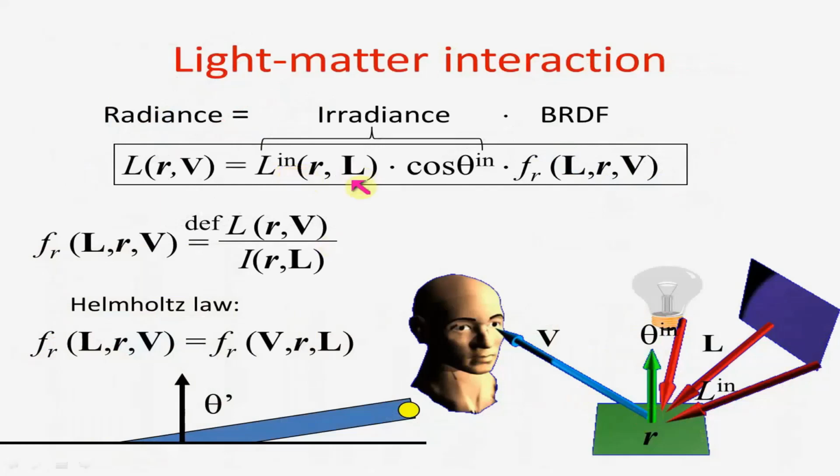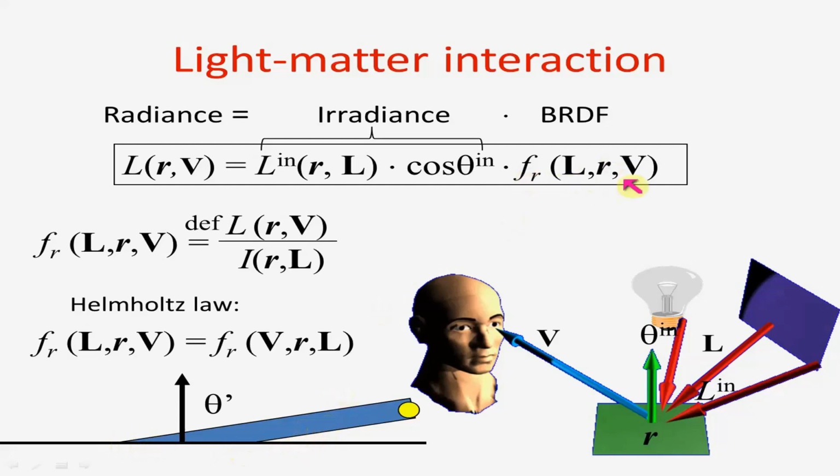The irradiance is the incident radiance multiplied by a geometric factor that is just a cosine of the angle between the illumination direction and the surface normal. This geometric factor expresses that the illumination gets weaker if the light arrives from a non-perpendicular direction, since the light is distributed to a larger area than the cross-section of the beam.